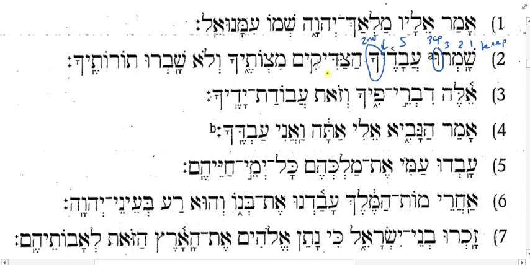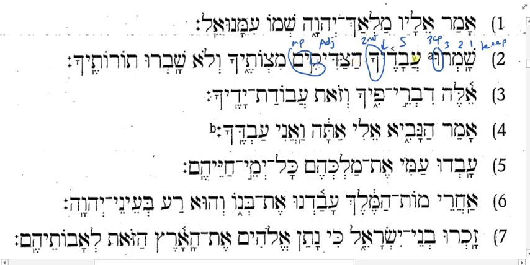Look at hatzadikim. Yeah, that's an adjective, right? Is hatzadikim an adjective? Yeah, tzaddik means what? Righteous. What gender and number is im? It's masculine plural. Is it articular? Yeah, so that's definite, right?